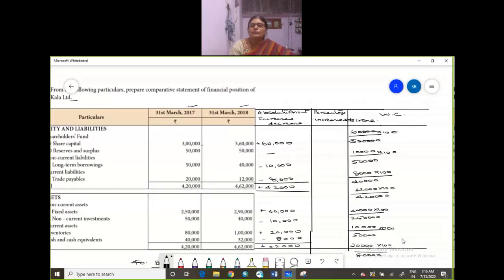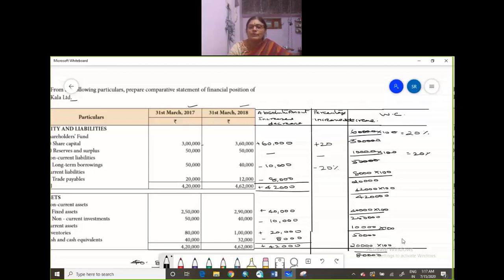So 20 plus 20, so 20%. Now here, be very careful with the calculation: 20%, so plus 20. For reserves and surplus it is actually nil, there's no increase here. For long-term borrowing it is minus 20%, your long-term borrowing has reduced.